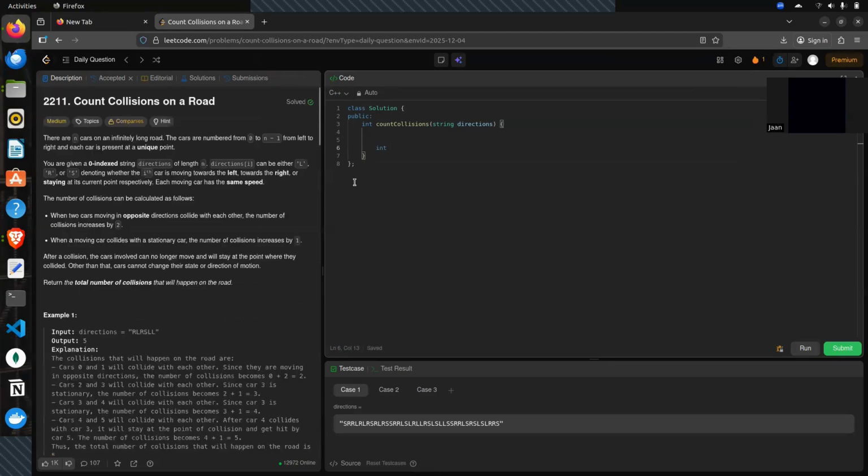So let's code it. And for better handling, we are making a map with char as key and int as value.